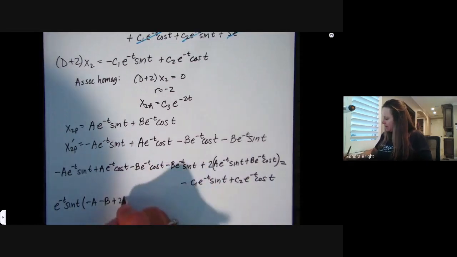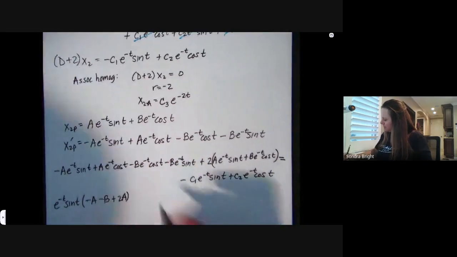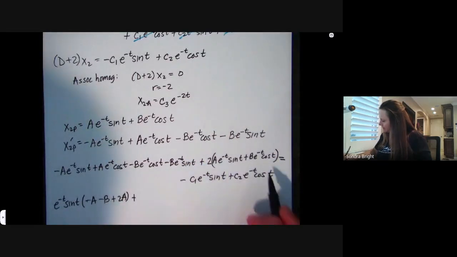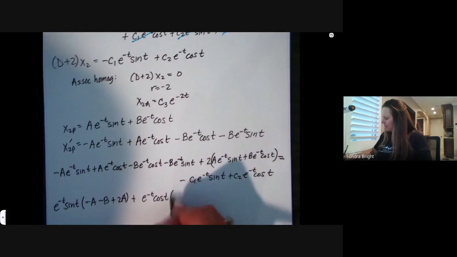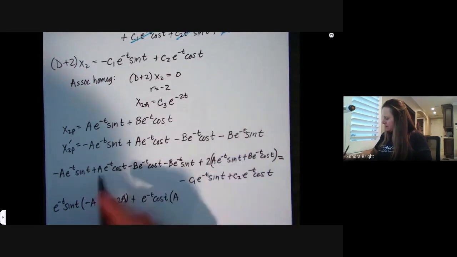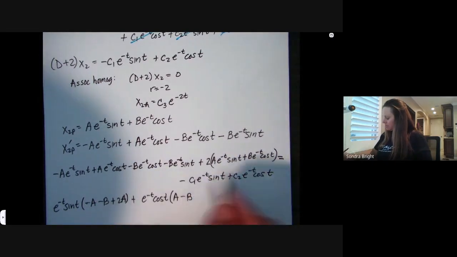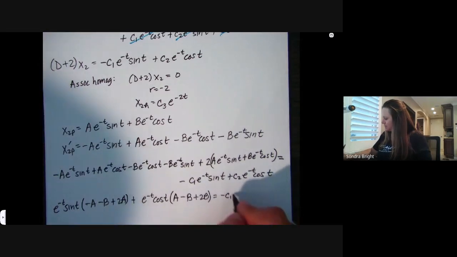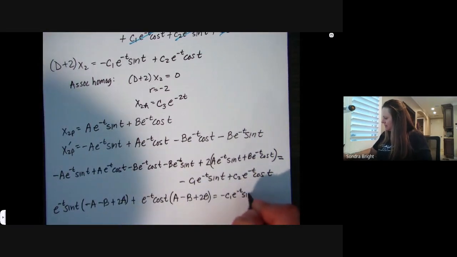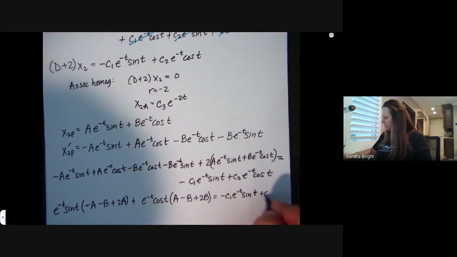And then I've got a plus, I'm going to factor out e to the negative t times cosine of t, and I would be left with an a minus b plus 2b, and all of that is equal to this right-hand side, the negative c1 e to the negative t sine of t, and c2 e to the negative t cosine of t.